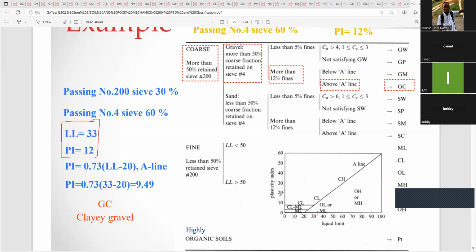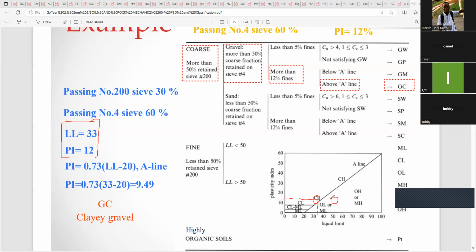And your PI will be on your vertical axis, which is 12. So 12 is between 10 and 20, which is here. Where these two will meet, you identify whether it is above the line or below the line. Do you get it? Yes, sir. So that's like using your eye to check.